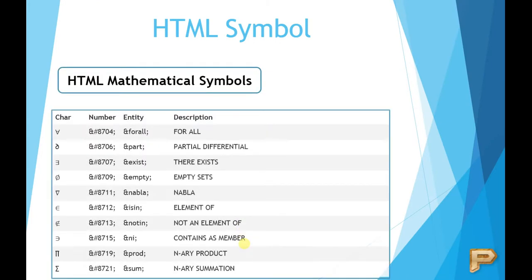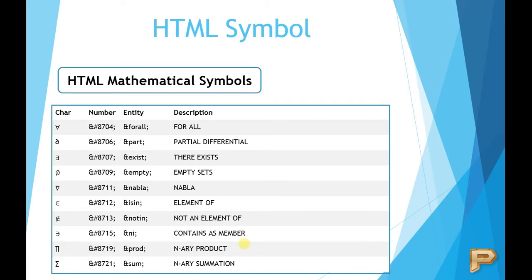HTML mathematical symbols. Now these are the number of mathematical symbols which we can represent in the web browser or our desired website. For all, partial differentiation, differential, there exists, empty sets, nabla, element of, and so many are there. So we can test nabla over here. How will nabla come out?